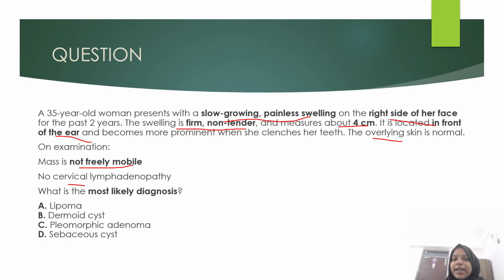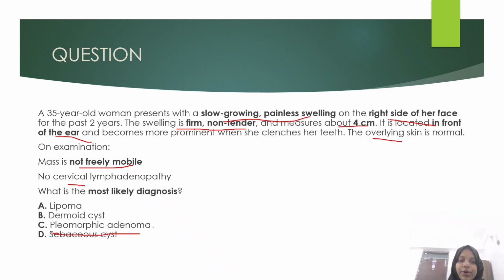So this is unlikely to be a lipoma, especially over this location when it is getting prominent with clenching of your teeth. It's more likely to be a parotid gland swelling rather than a lipoma. How about dermoid cysts? Dermoid cysts are usually in the midline. Pleomorphic adenoma is the most common tumor of the parotid gland.